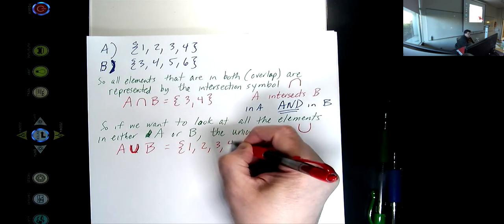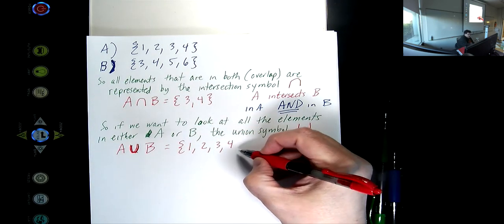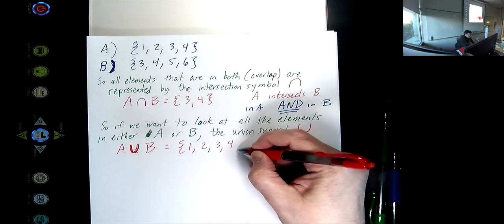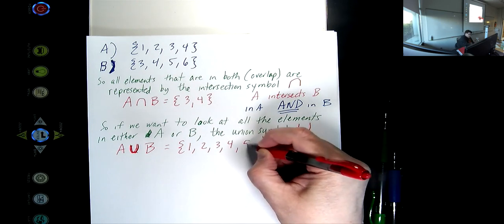We've got 1, 2, 3, 4 in A, and the numbers in B that aren't already listed are 5 and 6.